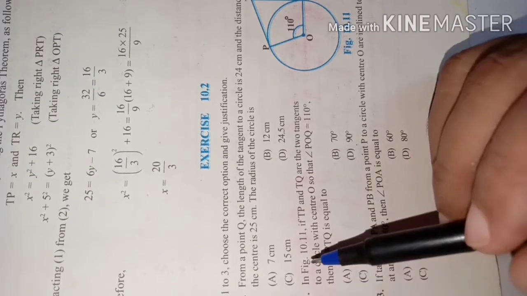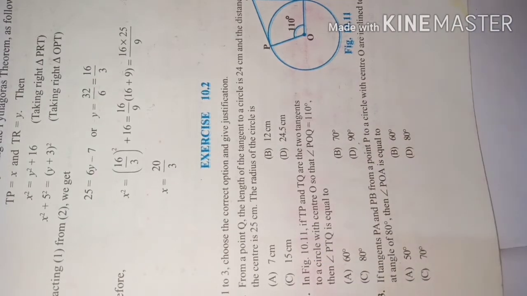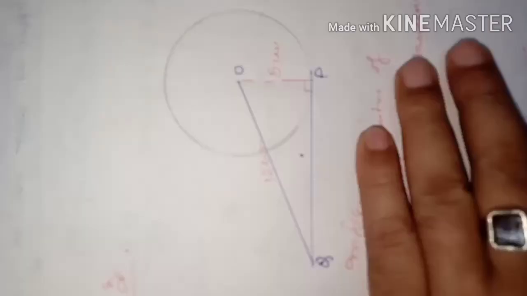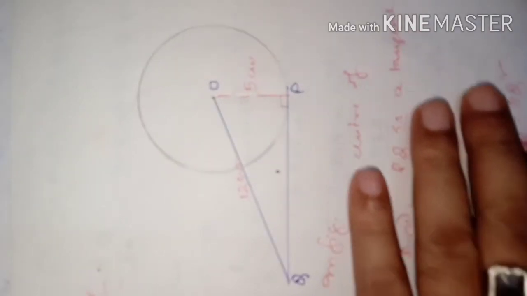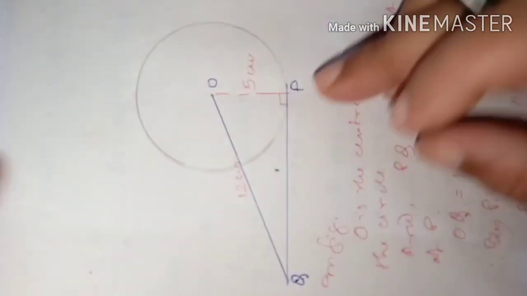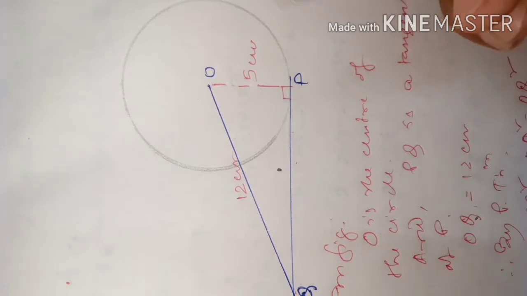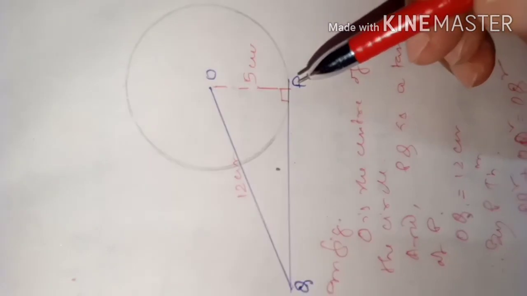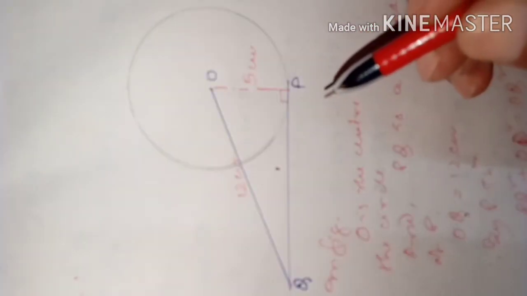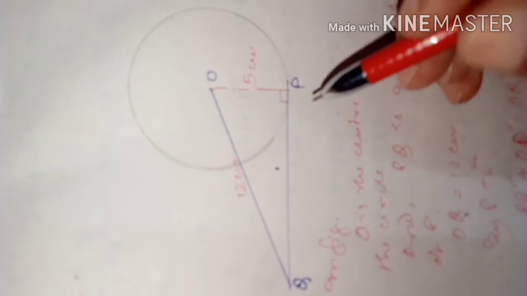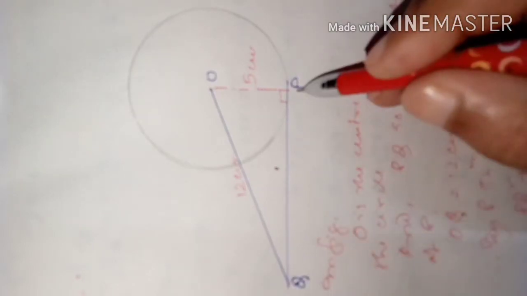Question number 1, you try by yourself. You have to draw the diagram. I am just showing you the hint part. You can see this diagram only, everything will be just like this. From a point Q, the length of this tangent PQ is 24.